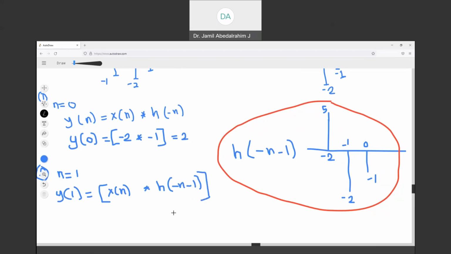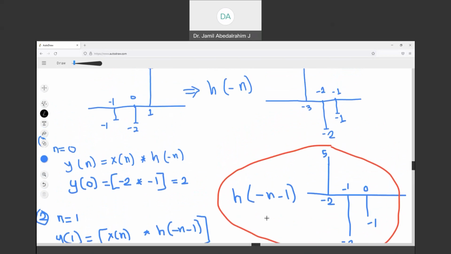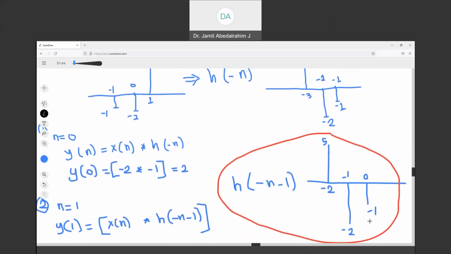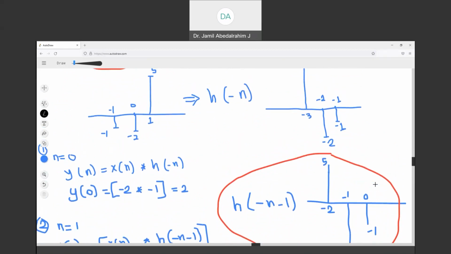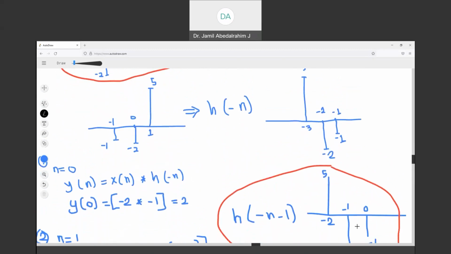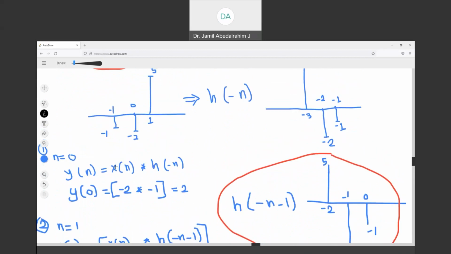Okay. Now to multiply them, we need to find the shared signal or the similar location. Let's take a look at x of n. We have a signal at 1, while here there is no signal at 1. Look at 0. At 0, we have a signal, and here also at 0, we have a signal.